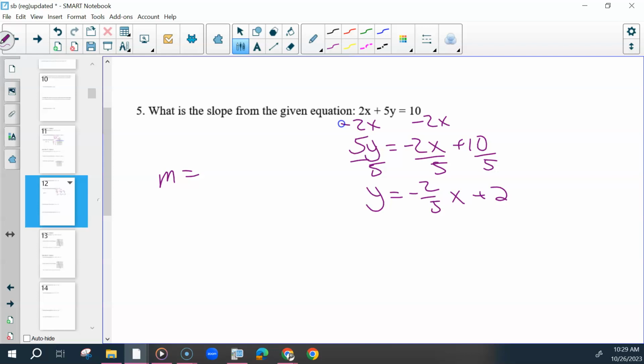Which one would that be? -2. Questions on that? You're just looking at the slope, not the y-intercept.